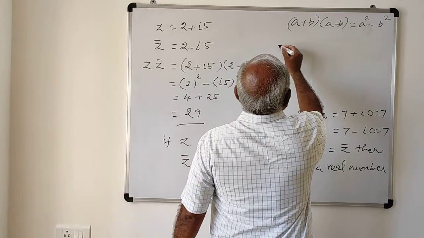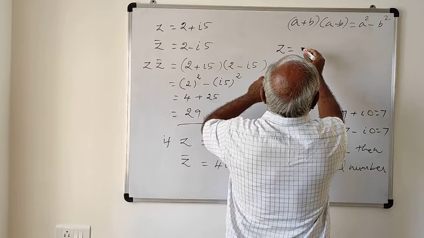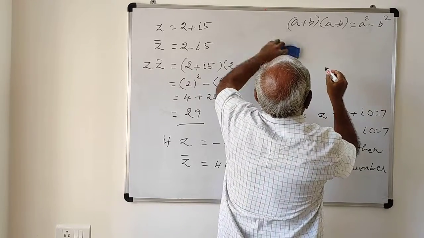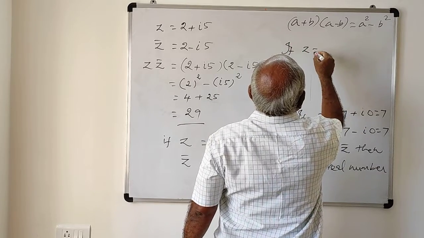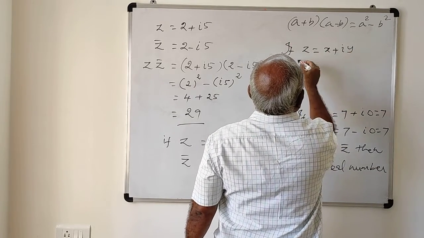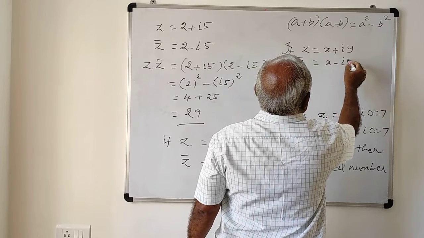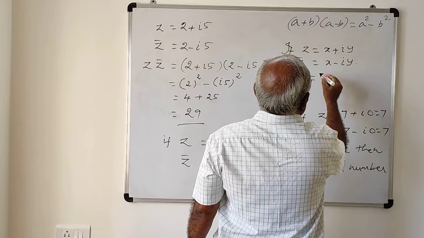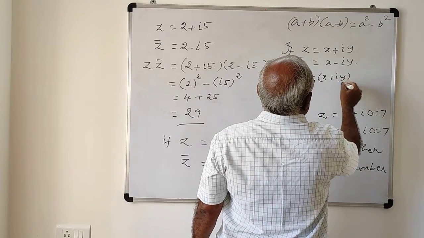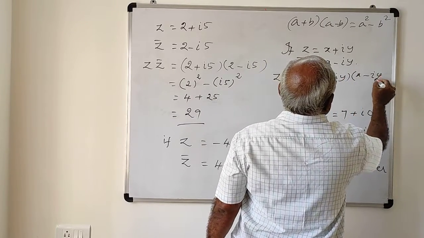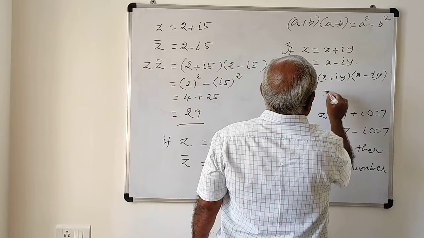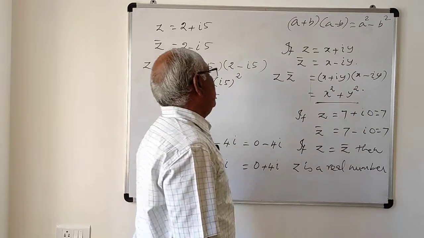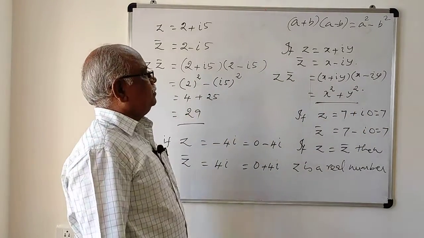Similarly, if z equals x plus iy, what is z bar? x minus iy. So z into z bar is x plus iy into x minus iy, which is simply x square plus y square.